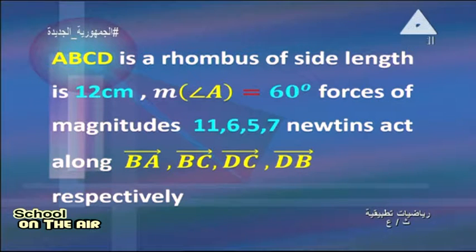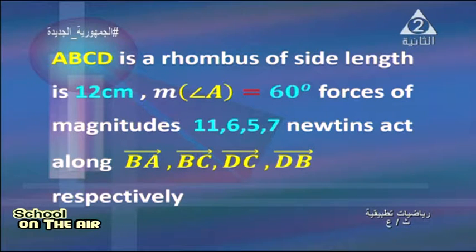ABCD is a rhombus of side length 12 cm. Measure of angle A equals 60. Forces of magnitudes 11, 6, 5, 7 newtons act along vectors BA, BC, DC, DB respectively. What do we mean by respectively?